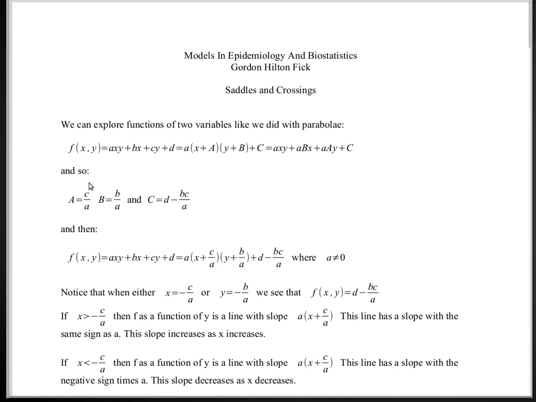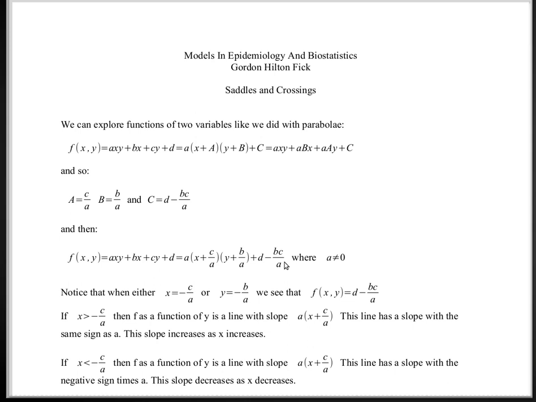And in fact, it turns out that there's very simple algebra here, that capital A is c over lowercase a, capital B is lowercase b over lowercase a, and capital C is lowercase d minus bc over a. If you're seeing some commonalities with completing the square, well, it's pretty much exactly the same issue here. What do we now have, though? We now have that we've written this function, which involves these 4 terms, as this expression plus this number.